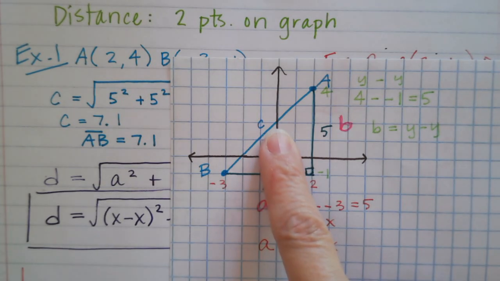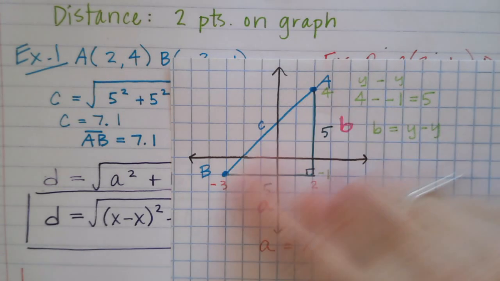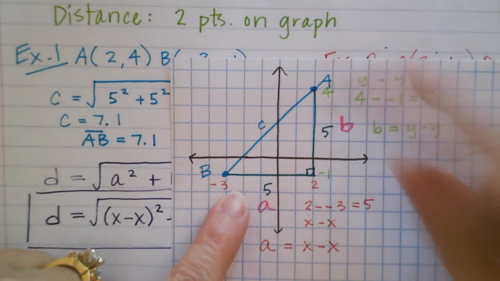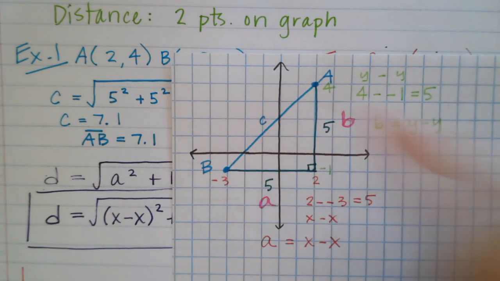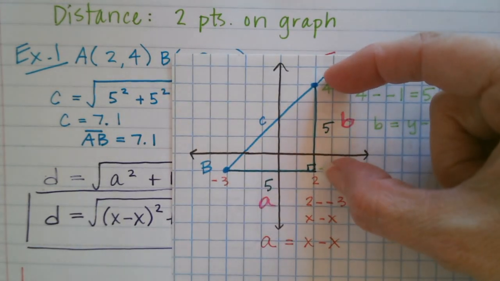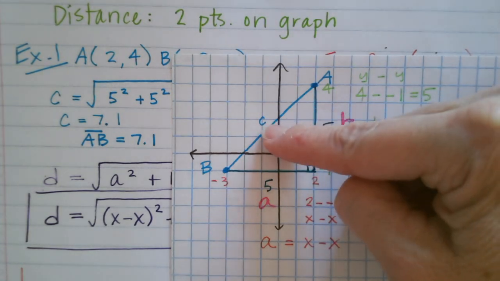The middle in math is the average, or you could think of the middle as the median, but the middle of two numbers is just the average. So if I want to figure out the middle of this segment, I need to average the x's together to find the middle of those, and then average the y's together to find the middle of those, and that will give me the midpoint.